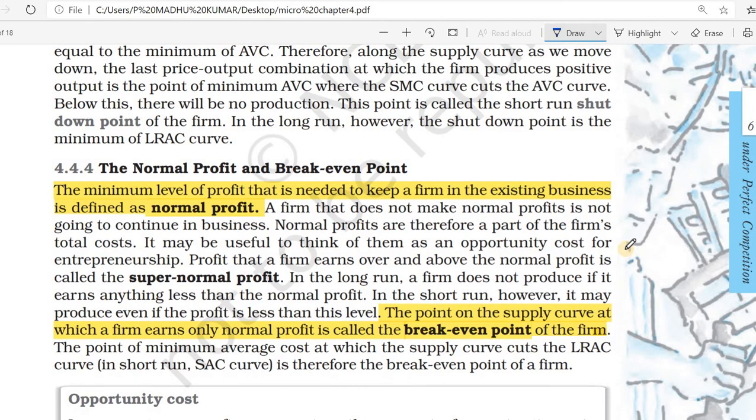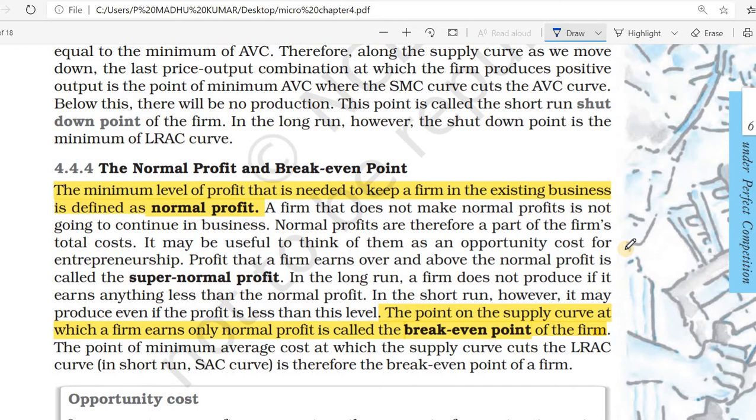We know the minimum level of profit needed to keep a firm in its existing business is defined as normal profit. At least a minimum level of profit should be there, then only a firm can continue production in the existing business. Otherwise the firm cannot continue.